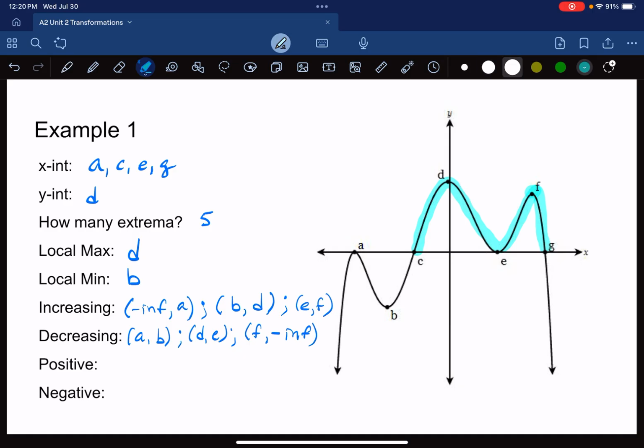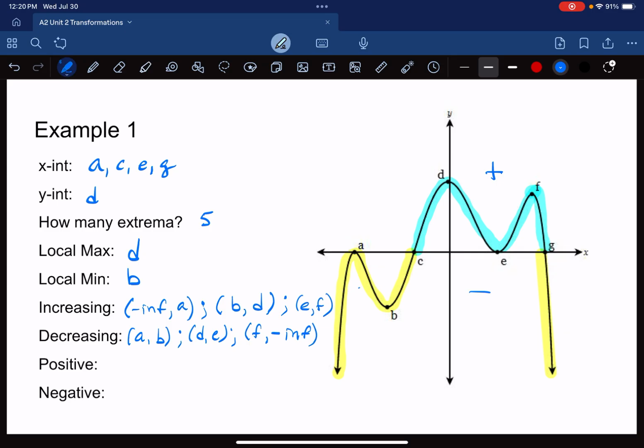Then negatives, let me find my color again. Negatives are sections below. So here and here. So these up here are positive, and these down here are negative. And so we just need to write those intervals. But we need to be careful because at A, it's neither positive nor negative.